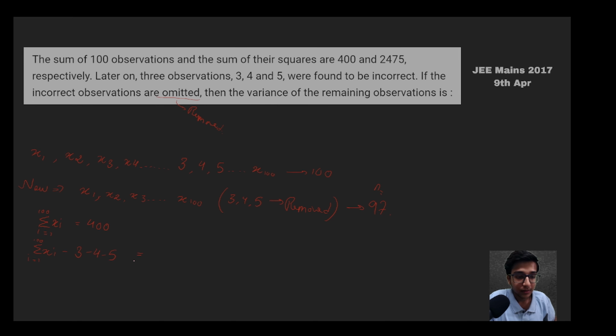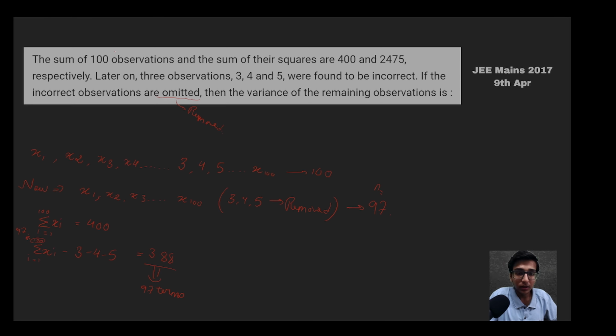This would give us 388. Now this is based on 97 terms. Here i does not go up till 100, it goes up till 97. You needed to remember this thing.